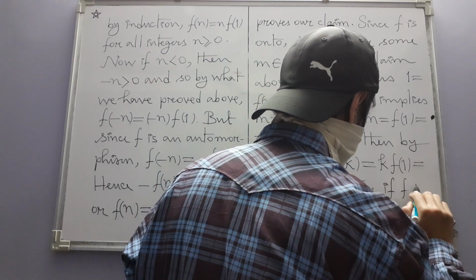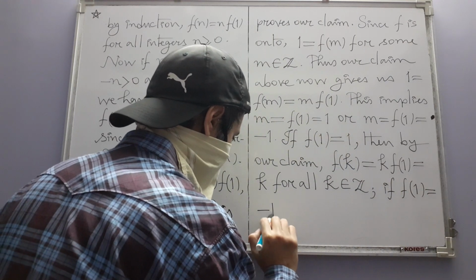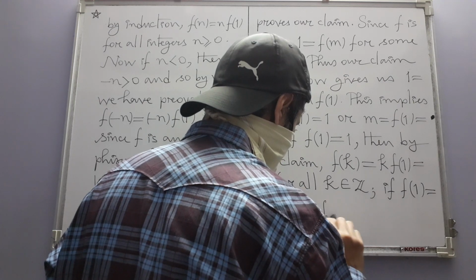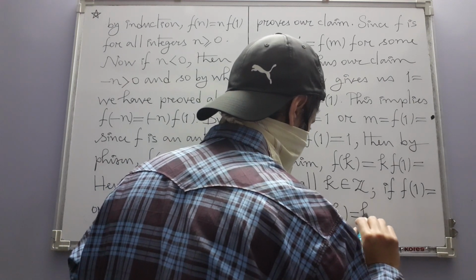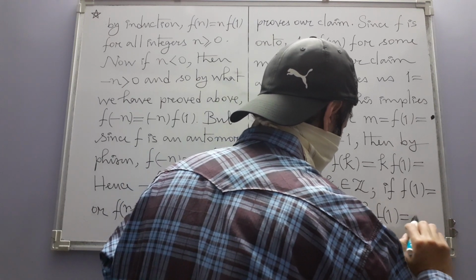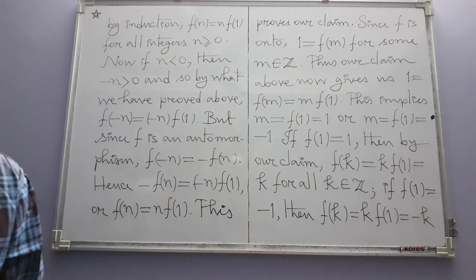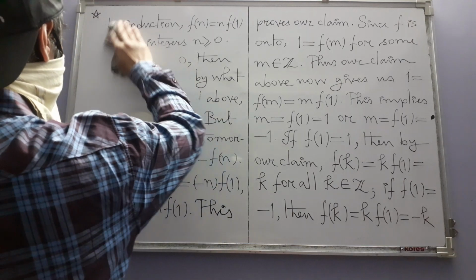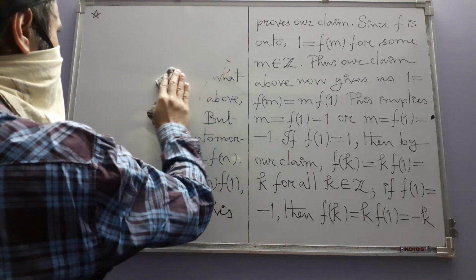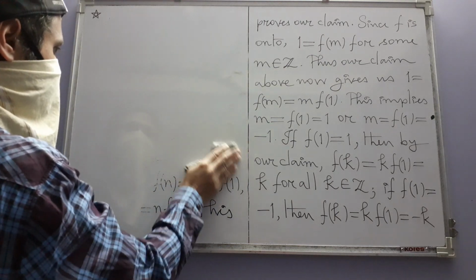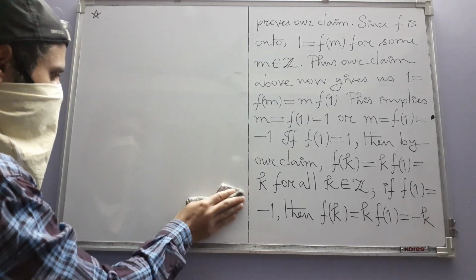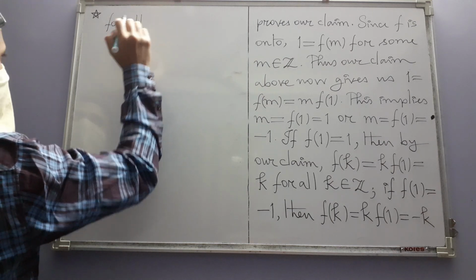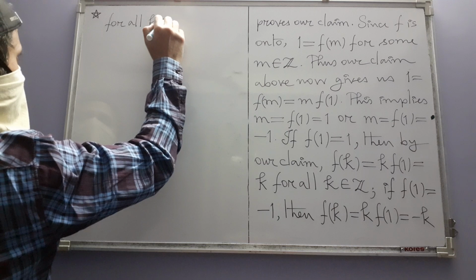On the other hand, if f of 1 is equal to minus 1, then again by our claim, this is minus k for all integers k.